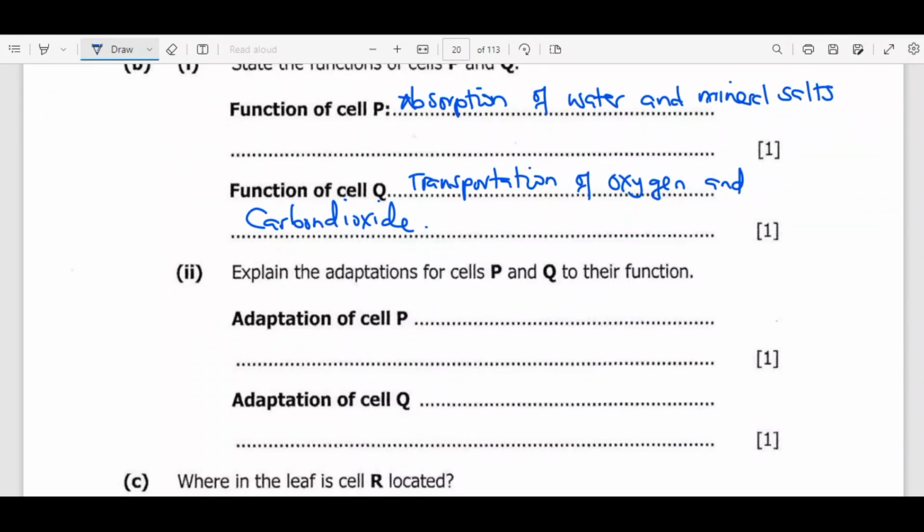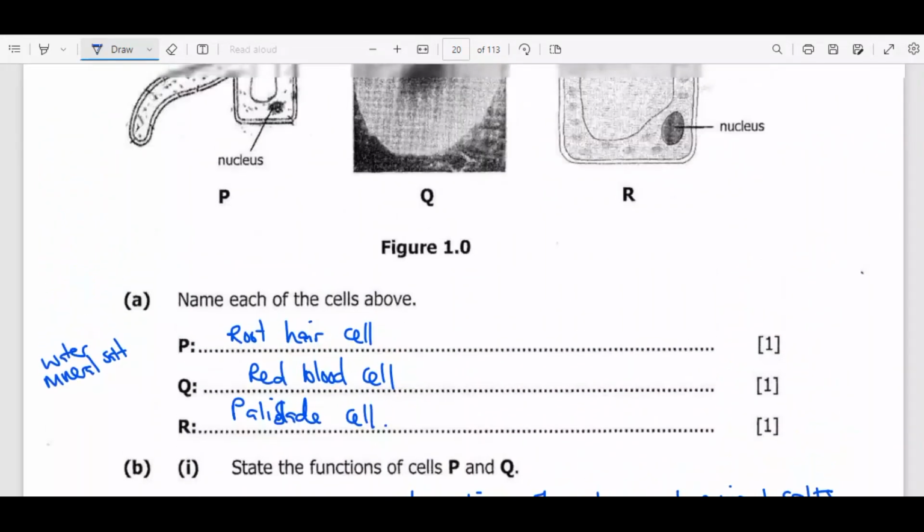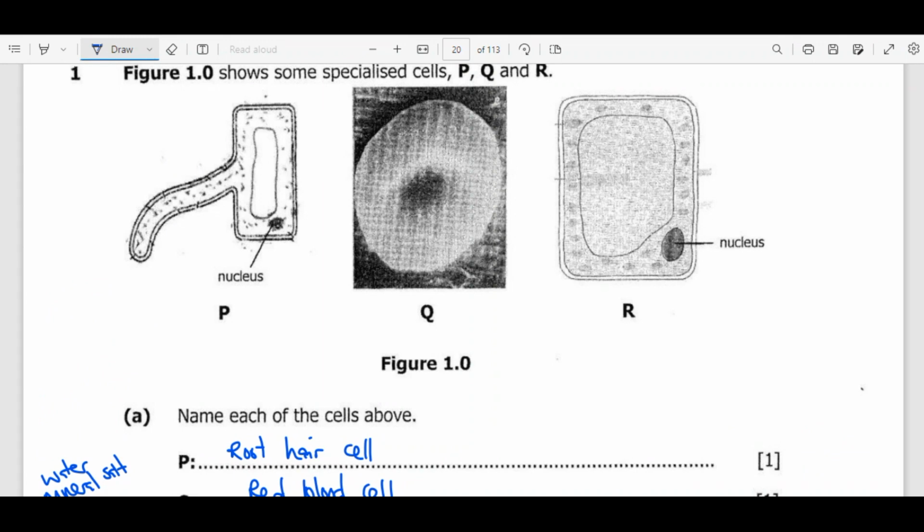Explain the adaptation of cells P and Q to their functions. We have to know what has made these cells perform the functions that they perform. For example, P: what makes it easy for this cell to absorb water and mineral salts?